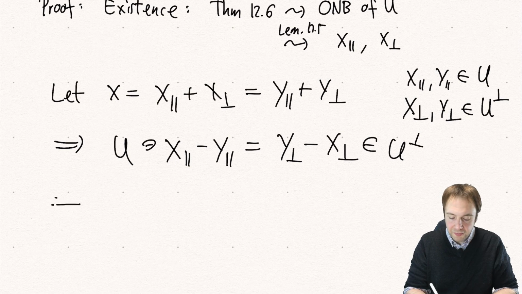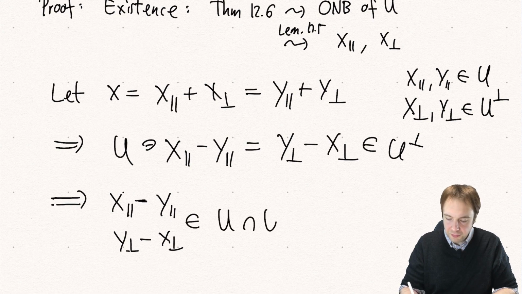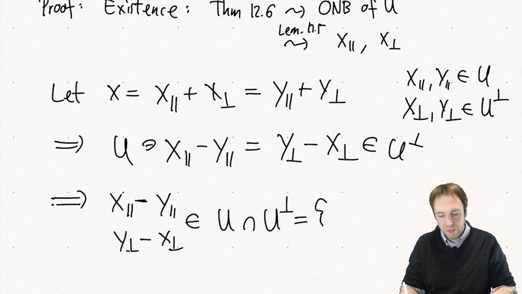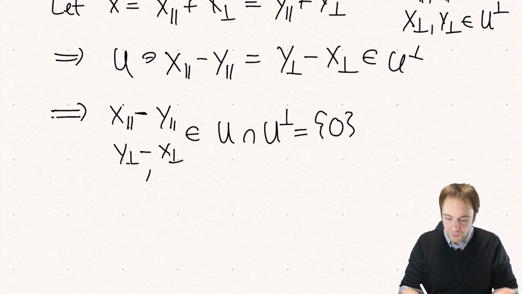But this means this thing and also this thing are both in the intersection. But we learned by this one statement that the intersection is just the zero vector. And therefore both of them are 0.